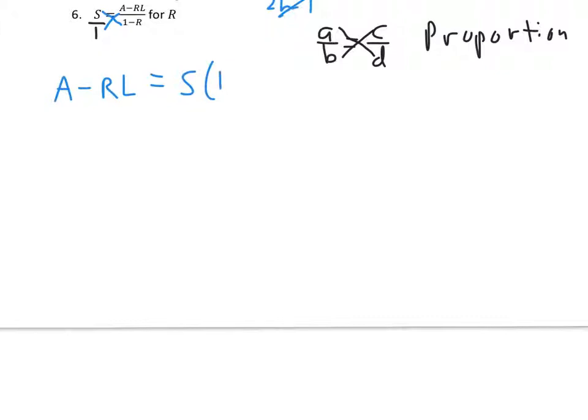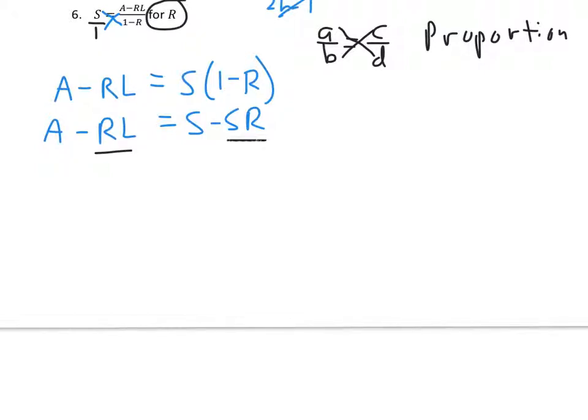You'll have to distribute that through, so that would really be s minus SR. Okay, now that we've done that, it becomes a little easier problem. Now we're trying to solve for R. So the two terms that have the R in them, we want to get those on the same side, and the two terms that don't have R, we want to get those on the other side.